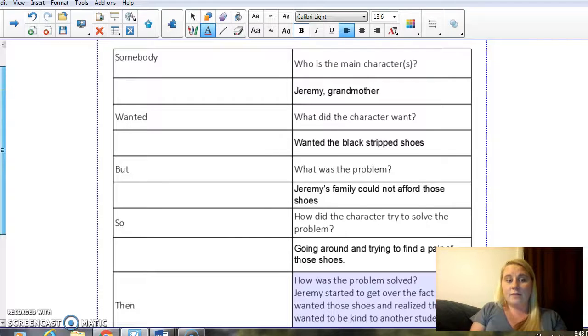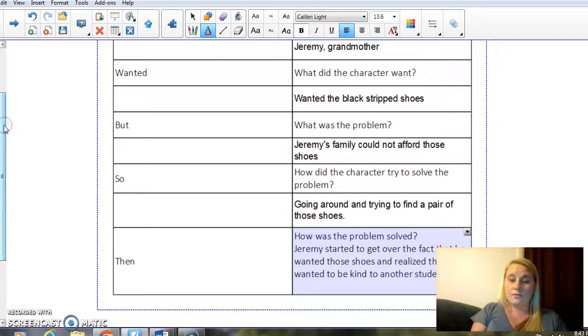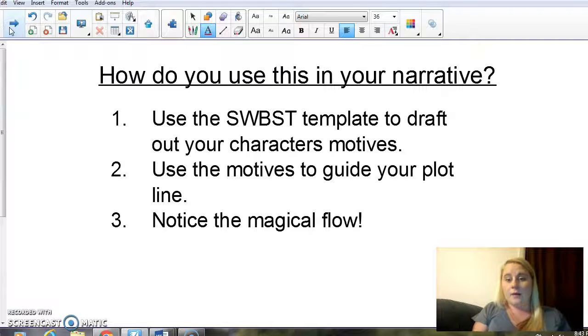So that's why having a somebody wanted but so then chart for your writing might help you to guide where your story's going, and have that question of, okay, now I know where I need to go, this is what I need to do, and these are what I'm going to include in my writing.